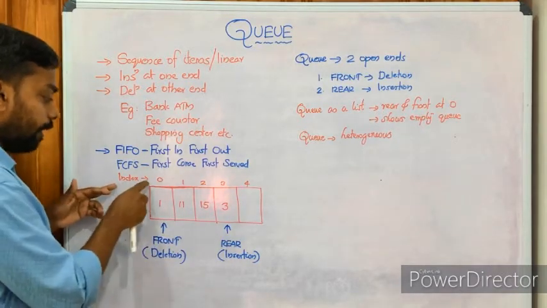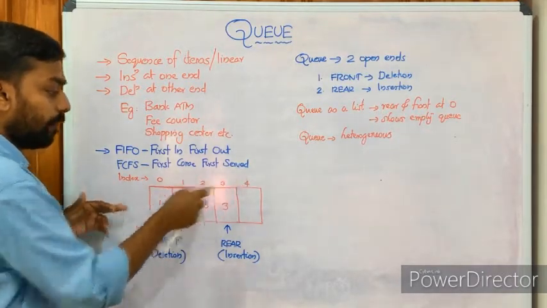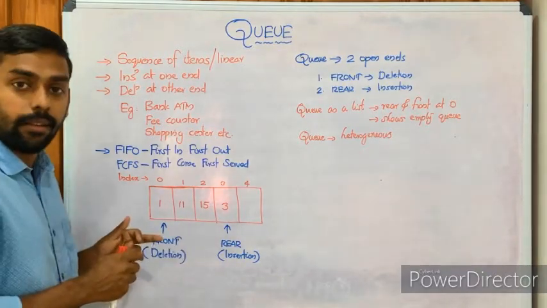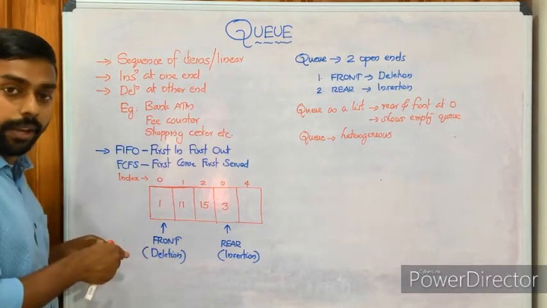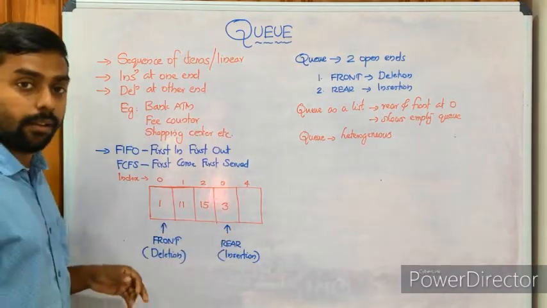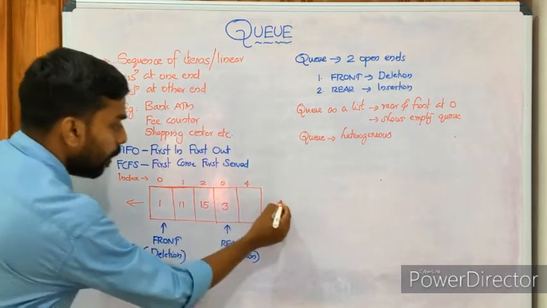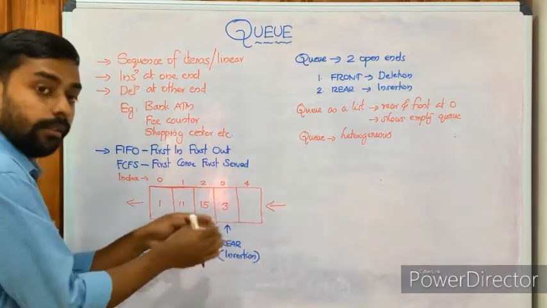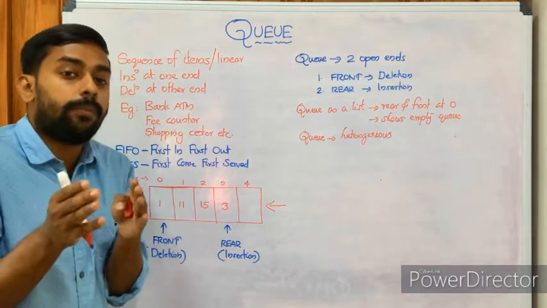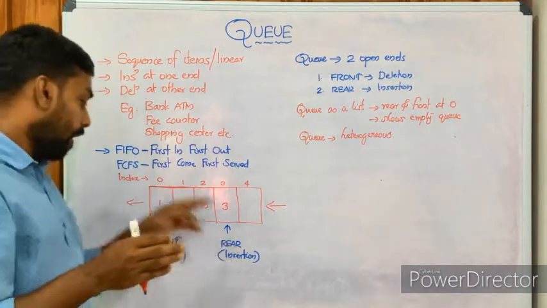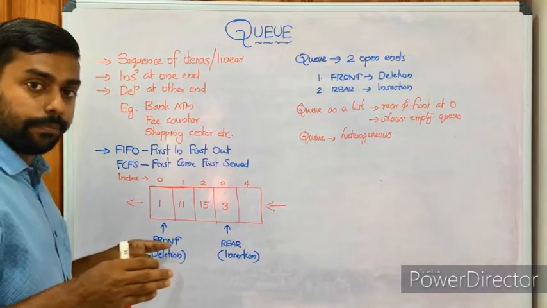You can see the index 0, 1, 2, 3, 4. Then you can see the ends, front end and rear end. We perform deletion through the front end and insertion through the rear end. The end through which we perform insertion is called the rear end, and deletion through the front end, right?